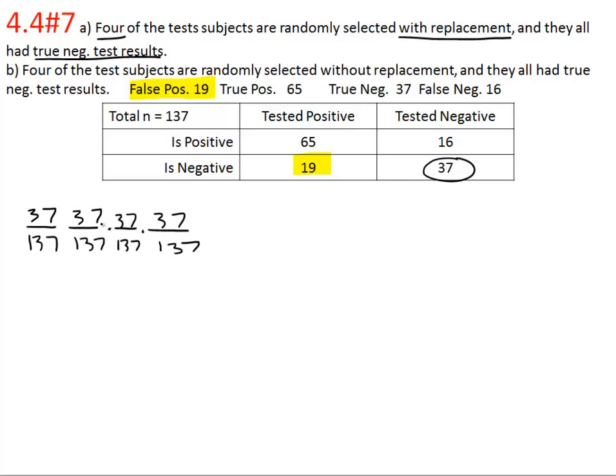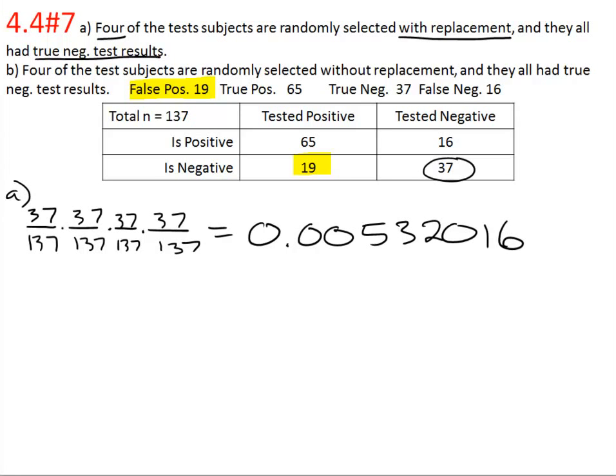And we always multiply them together, because whenever we're doing multi-stage probability things, it's always multiplying them all together. If you multiply that all together, you get a very small probability. I'll round to there, and then you can round to whatever number the answer calls for.